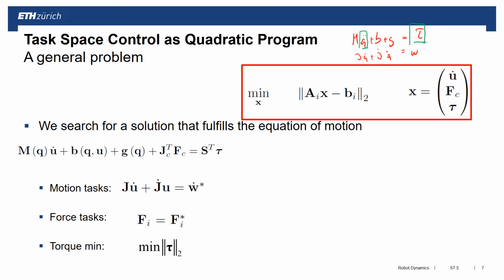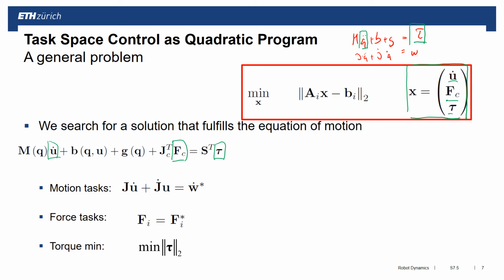Now what we have is not only q double dot and tau, but also a contact force in this floating base formulation. So what we can do is define an optimization variable which is composed of these elements: acceleration, contact forces, and torques.